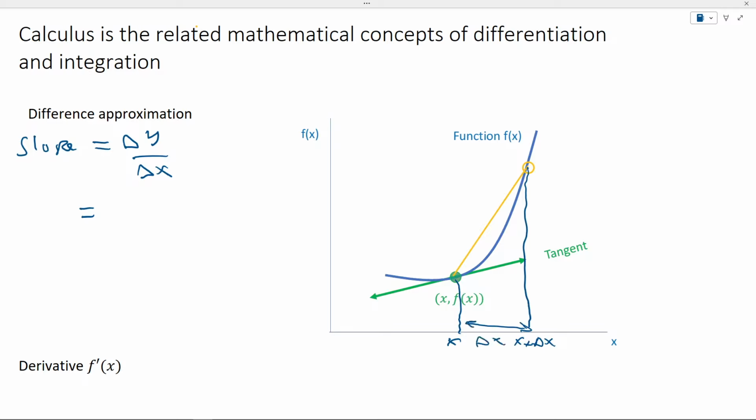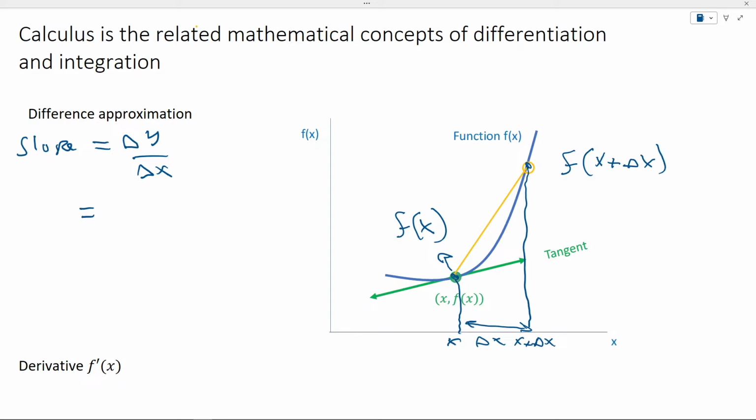So here we have x and x plus delta x, and this is the delta x. Similarly, at this point we have f of x, and at this point here we have f of x plus delta x.